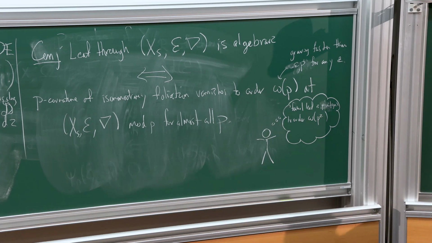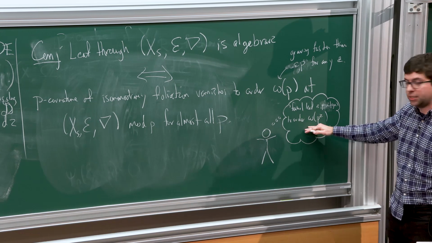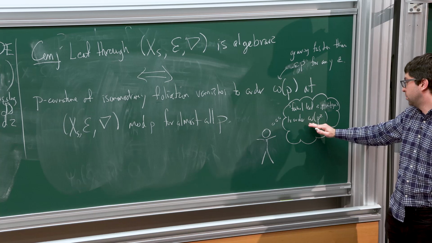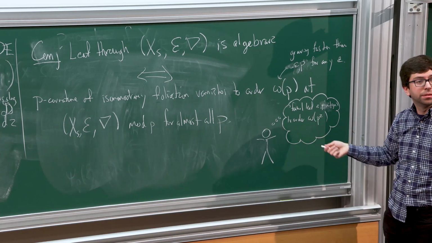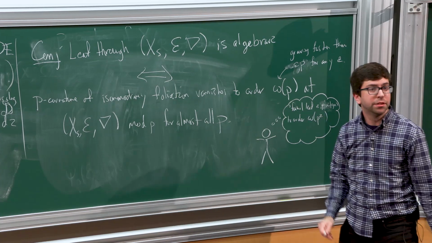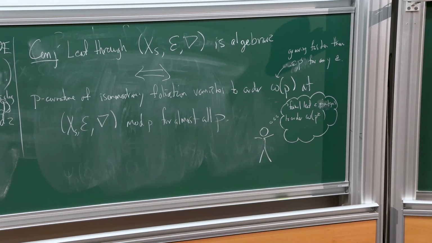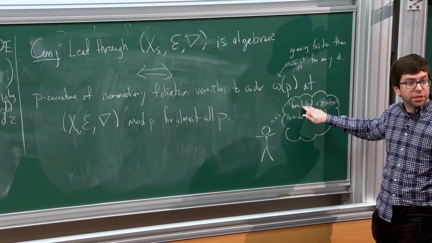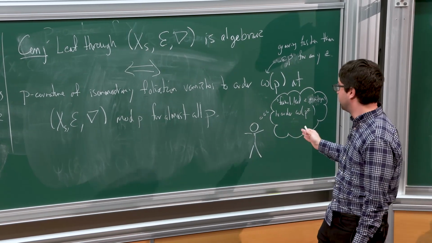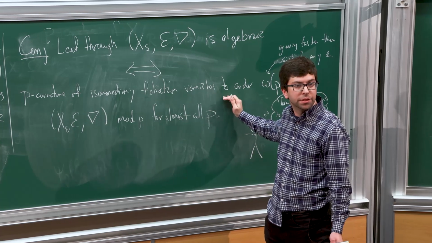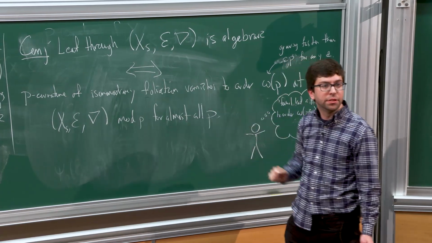So when you formally integrate the leaf, you don't have any denominators divisible by p until you get to something a bit beyond p squared. We are mod p here. This is a characteristic 0 condition, which is more or less equivalent to this. It's slightly stronger than this condition.